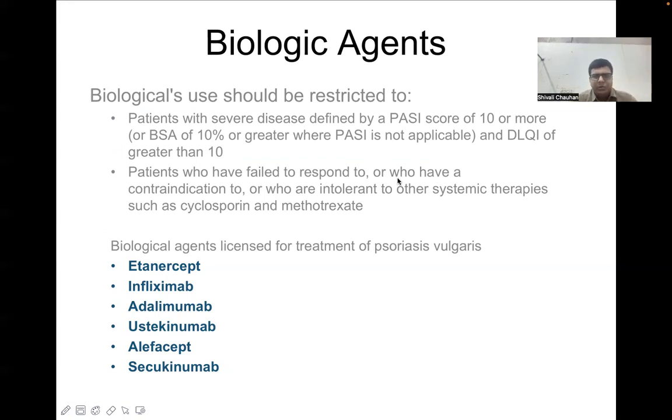Patients who have failed to respond or who have a contraindication or who are intolerant to other systemic therapies such as cyclosporin and methotrexate. Biological agents which are licensed for treatment of psoriasis vulgaris are etanercept, infliximab, adalimumab, ustekinumab, and secukinumab.